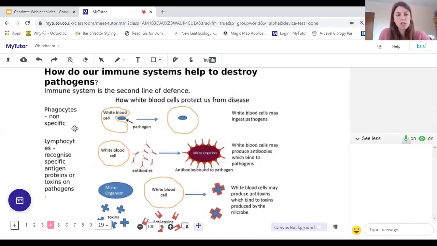To start with, we talked about this briefly before when we talked about blood, so this might not be new, but phagocytes are the first type. They are white blood cells that engulf and destroy pathogens. They send 2 arms around them, bring them into themselves, and then enzymes within the white blood cell digest the pathogen. This is called phagocytosis. That's a key word there.